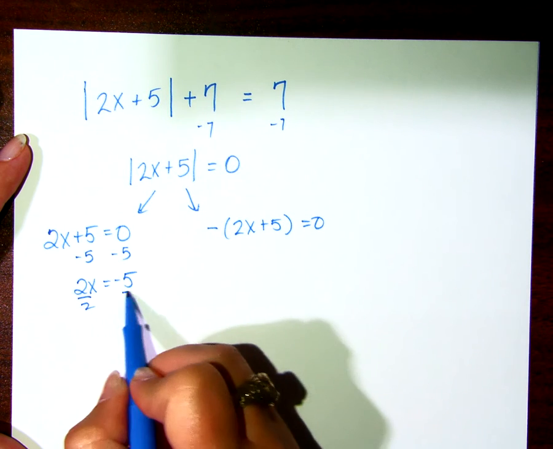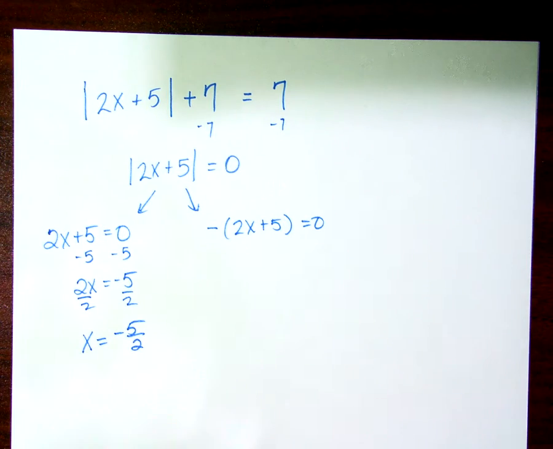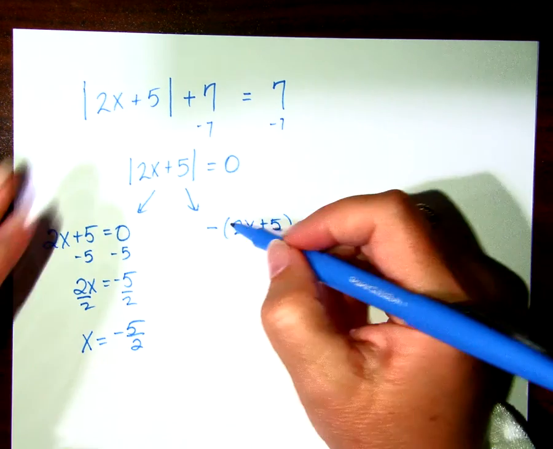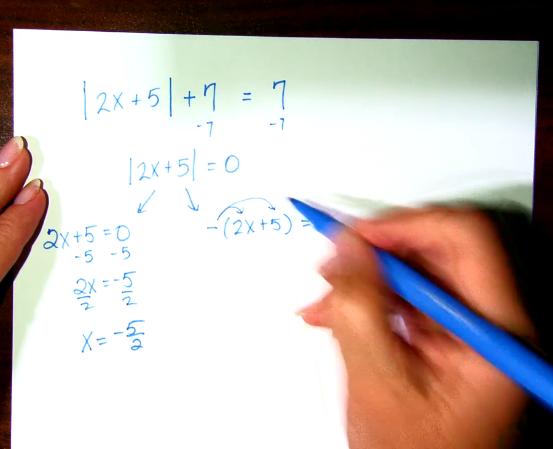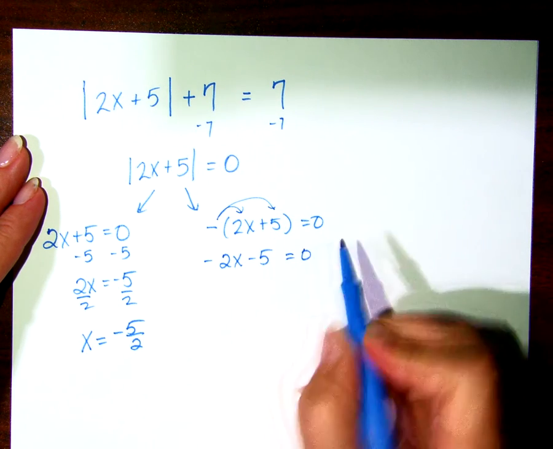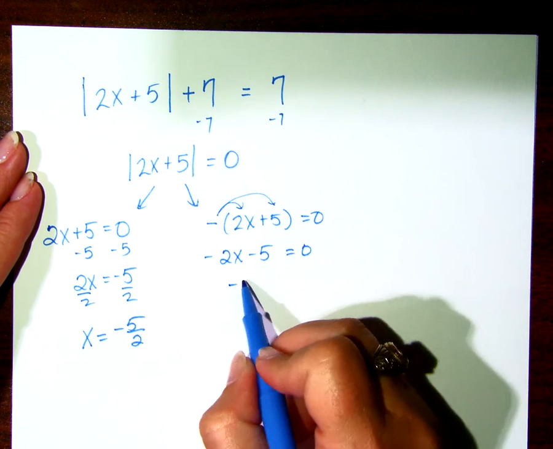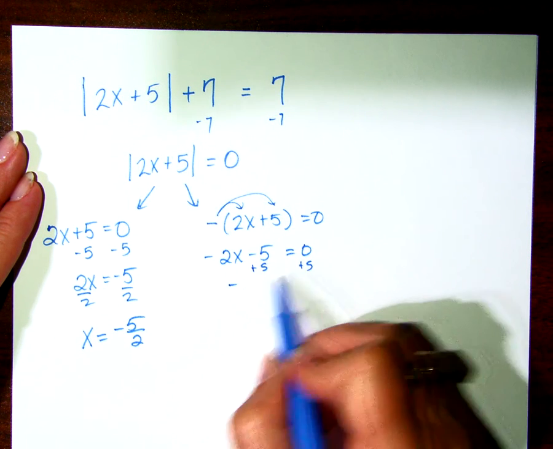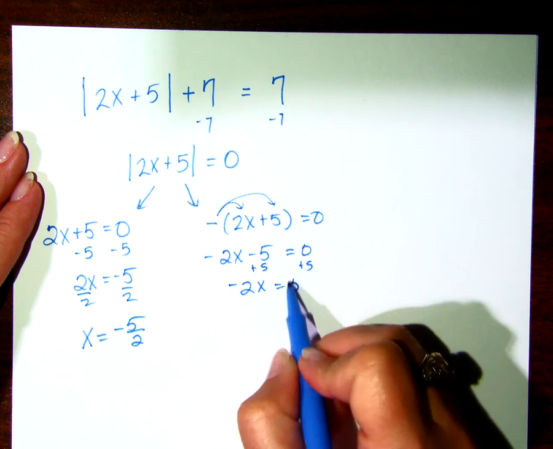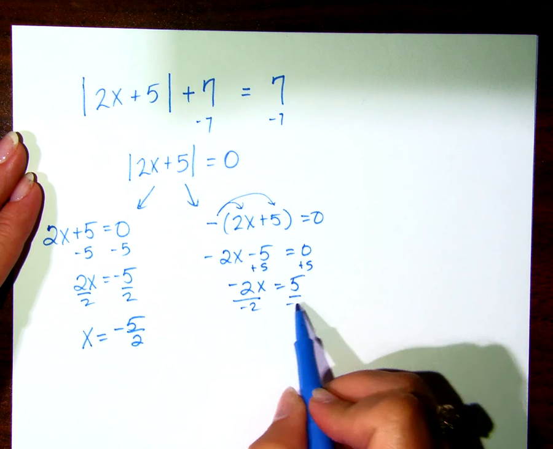If I divide both sides by 2, I get x equals -5 halves. Let's distribute this time. -2x minus 5 equals 0. You want to add 5? Okay, I can do that. -2x equals 5. Divide by -2.